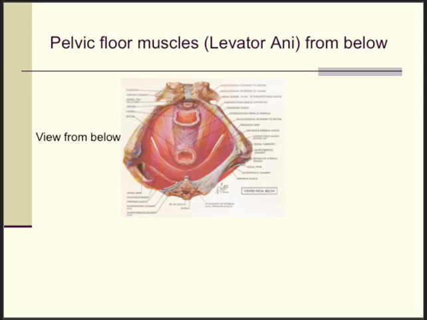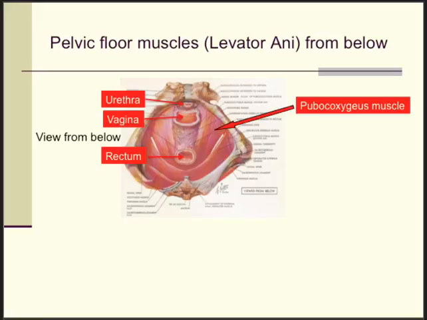The pelvic floor muscles or the Levator Ani muscles, viewed from below. Anteriorly we see the cross-section of the urethra, the cross-section of the vagina, and the cross-section of the rectum. So these 3 channels actually pass through the pelvic floor muscles. And we see here the so-called pubococcygeus muscle, which runs like a sling around the 3 openings we just discussed.